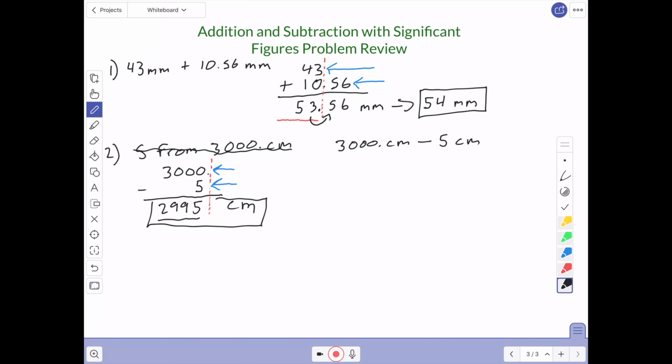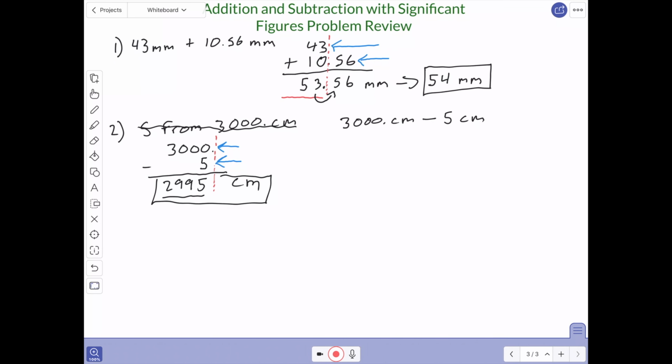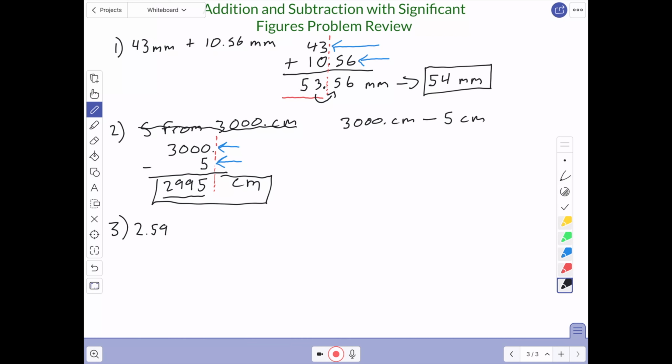All right, question 3. We're going to add 2.59 moles and 5,000 moles.